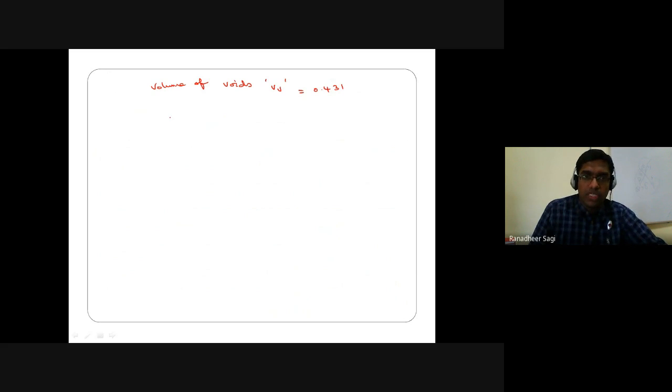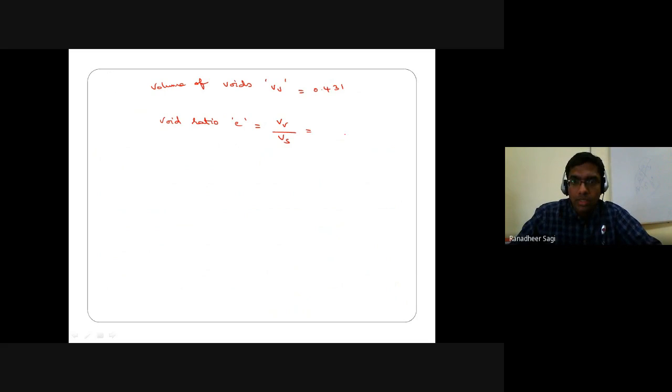Once the volume of voids is known, the void ratio e is the volume of voids divided by the volume of solids. Substituting, that is 0.431 divided by the volume of solids 0.569. So I'll get the void ratio of the soil to be 0.757.